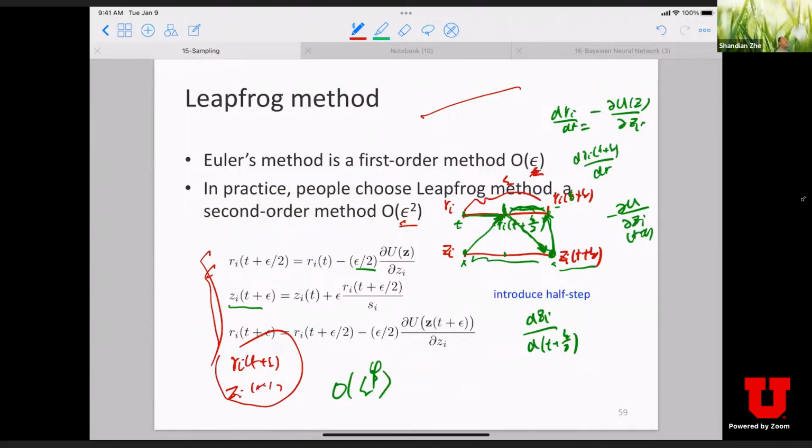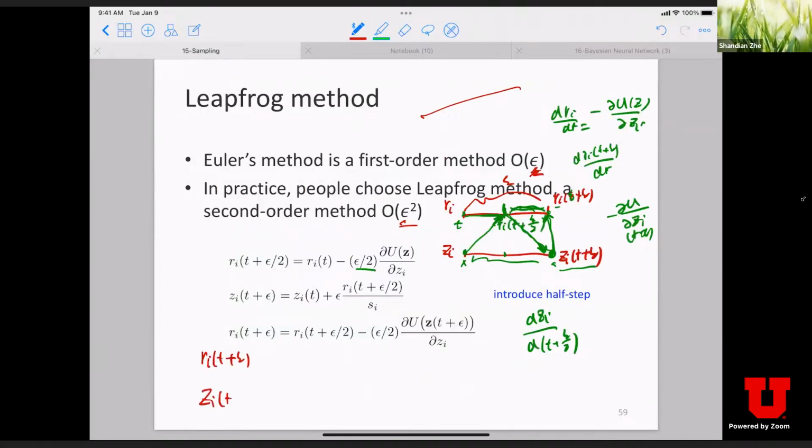Does it make sense? So this is also very easy to check. We can check it by ourselves. We want to know, at each step in the leapfrog, how we get r_i t plus epsilon and z_i t plus epsilon from z_i t and r_i t.